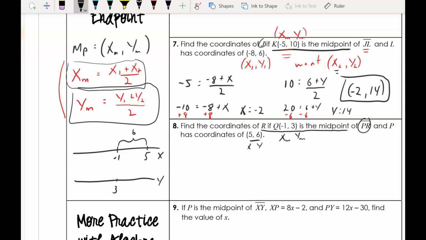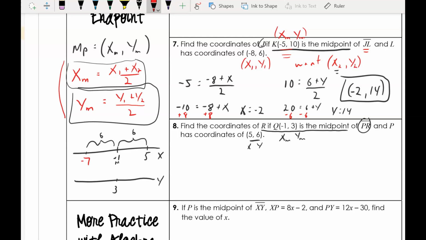So since -1 is the middle, I've got to find the other side of that -1. That's also going to be a distance of 6 away. From -1, if I go 6 units to the left, I'm going to end up at -7. So there is my x coordinate of the endpoint R.